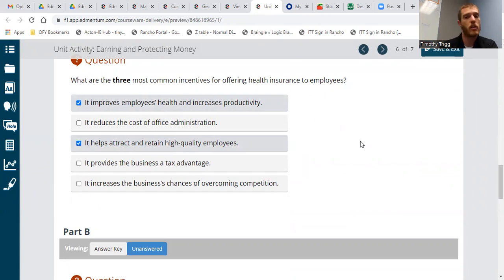When an employee wants to work for you, they'll say, well, what kind of insurance coverage do you offer? What kind of health benefits? Do you have dental and vision, and so on? Also, it provides the business a tax advantage. So when you offer those things to your employees, there's a tax break for the owner of the business.